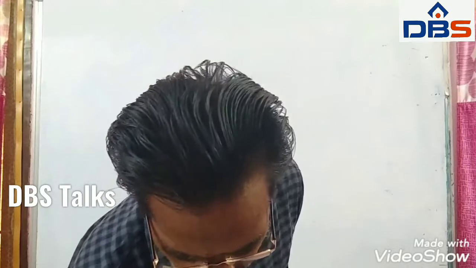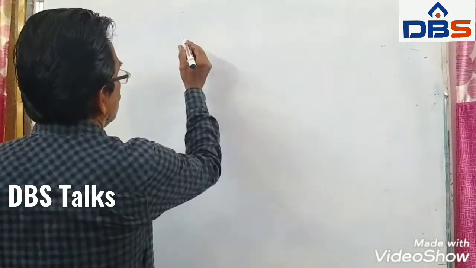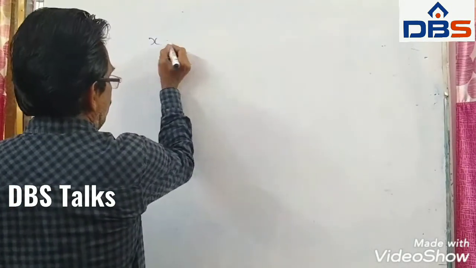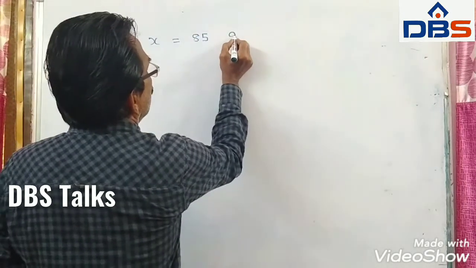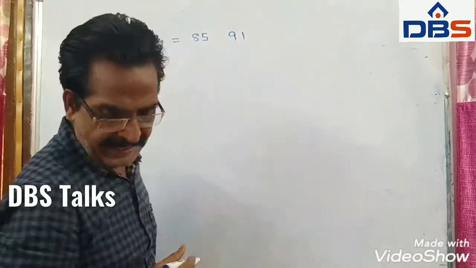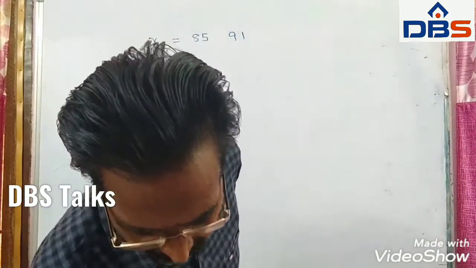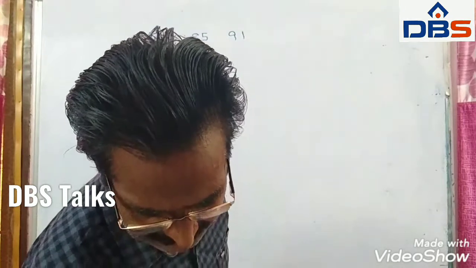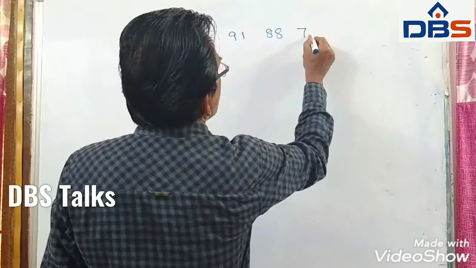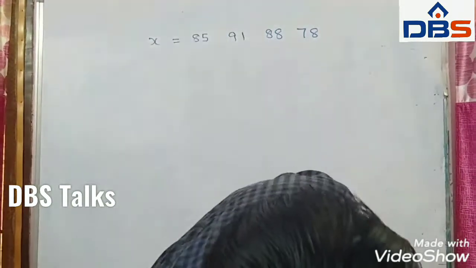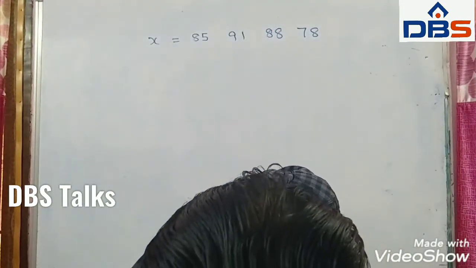Find the mean deviation of his scores about the mean. So the runs scored by Sachin are 85, 91, 88, 78, 85. These are x values, friends.